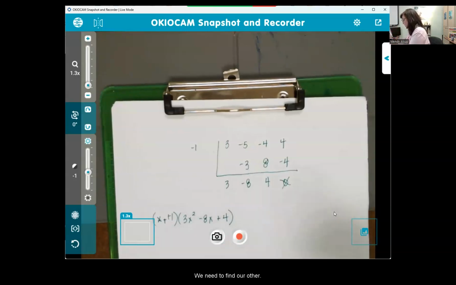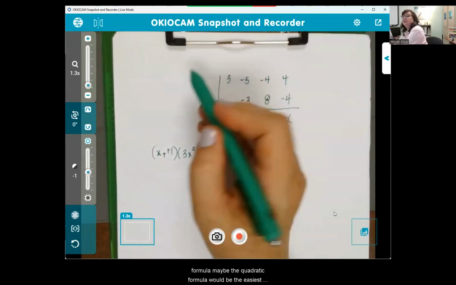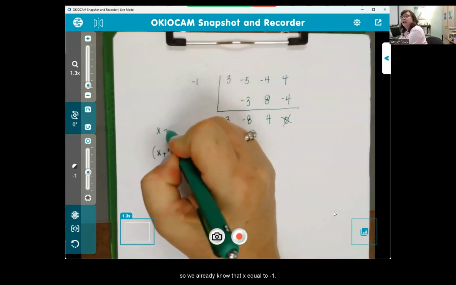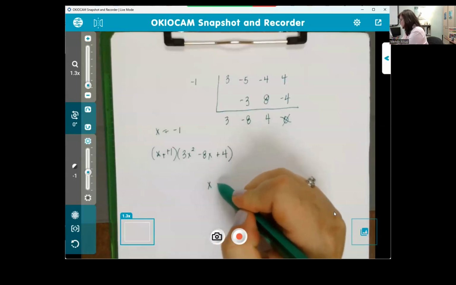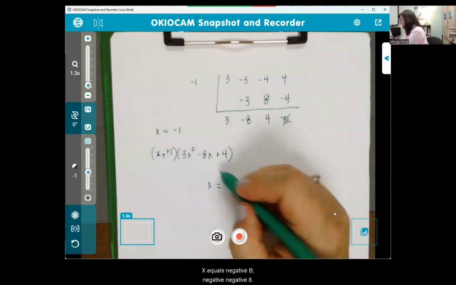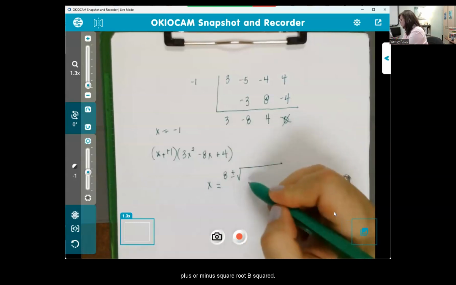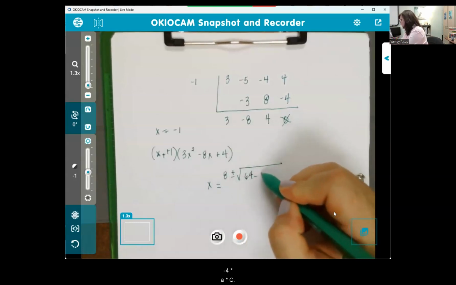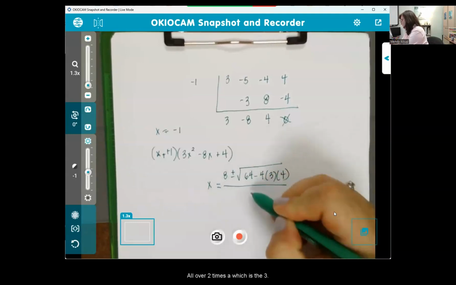We need to find our other zeros. You could factor, or you could use the quadratic formula. Maybe the quadratic formula would be the easiest. We already know that x equals negative 1 is one of our zeros. Let's put it in the quadratic formula. x equals negative b, which is 8, plus or minus the square root of b squared minus 4ac, all over 2a, which is 6.